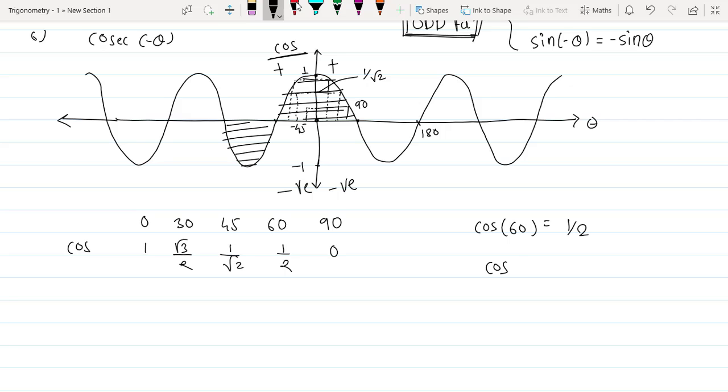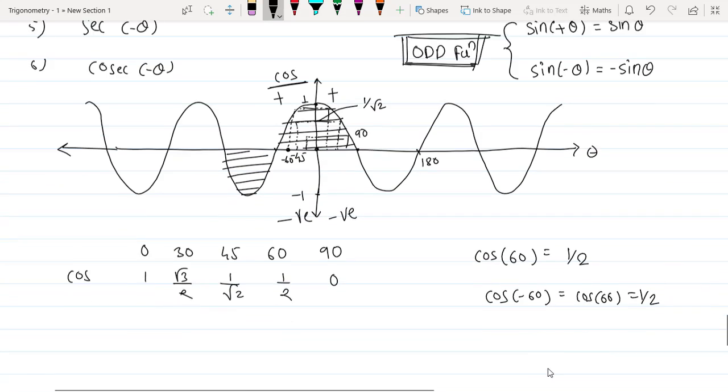Then what happens to cos of minus 60? Minus 60 goes here, and this is going to be 1 by 2 only. So this is nothing but cos of 60, which is 1 by 2. What is the difference between these two? What difference can you tell between sin and cos?